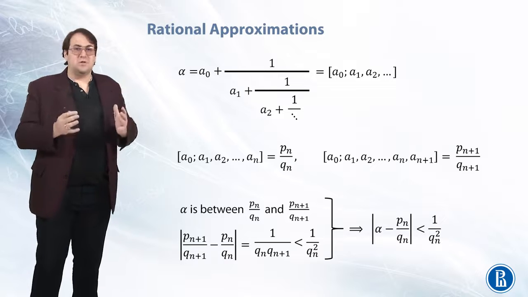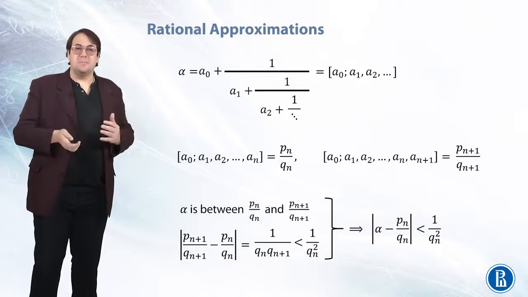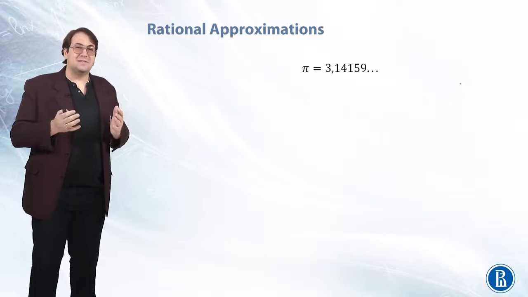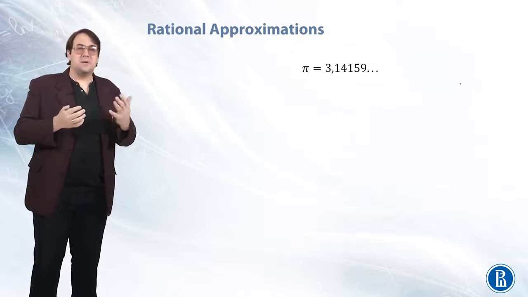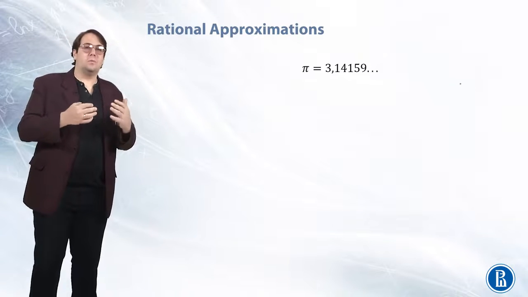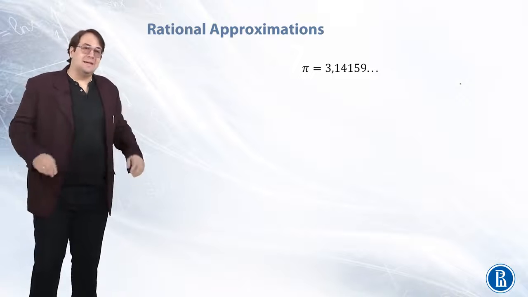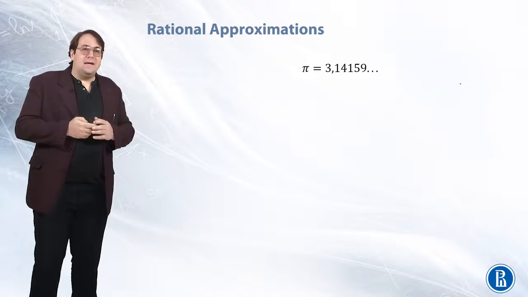Let's check an example, just to show you how good this approximation can be. For instance, consider the most famous mathematical constant pi, equal to 3.14159 and so on. We know that there are infinitely many digits after the decimal point.